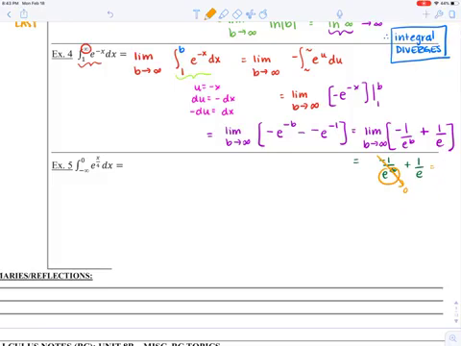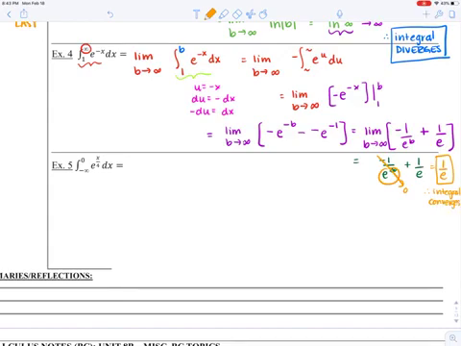So what's left? 1 over e. That is the area under that curve. So my integral not only converges, the area under this curve is 1 over e. And we proved that on the previous page in that exploration. So my integral converges, and it has a finite area under the curve, and that area is 1 over e.